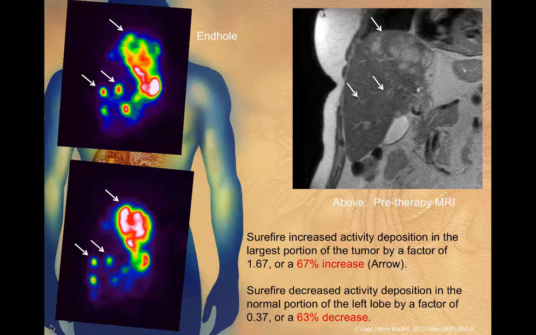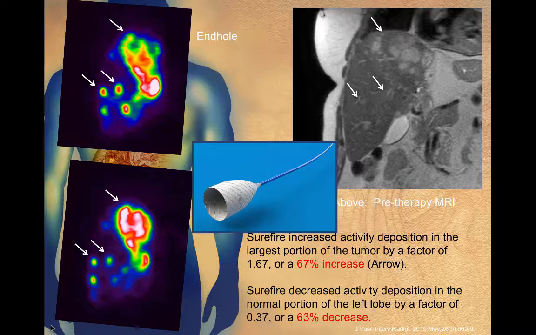Can you advance one? So if we look at this top picture, this is an end hole catheter, which just means that it's a garden hose in the right side of the liver. They're dribbling in these beads. The tumor in this patient is right here at the top of the right lobe. You can see the tumor is actually up here. There's a fair amount of the tumor that is not being perfused or taking up the therapy.